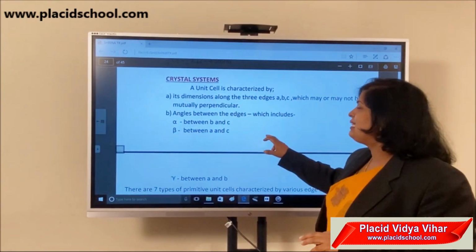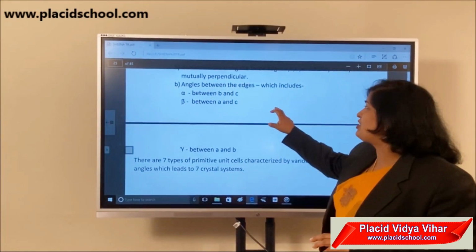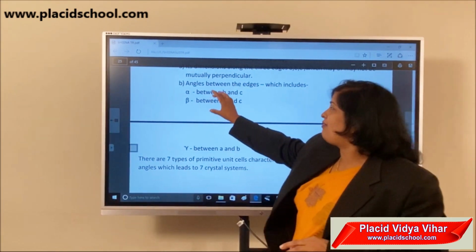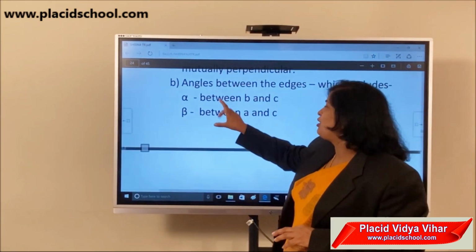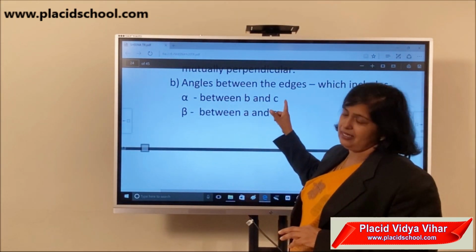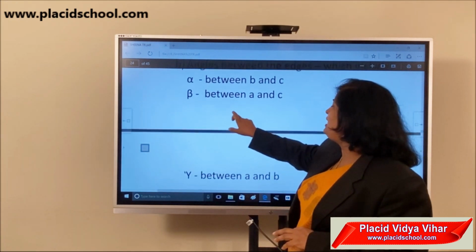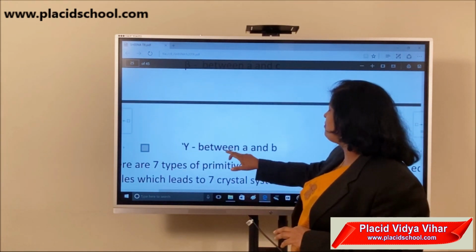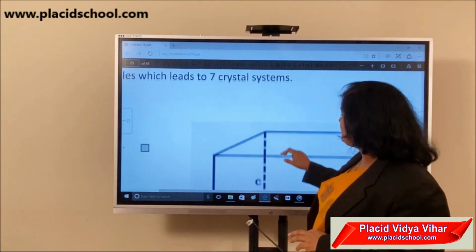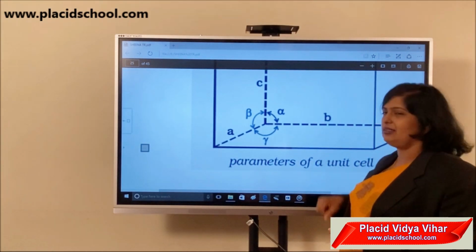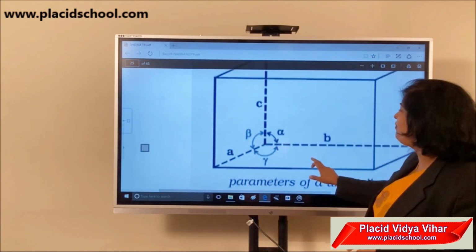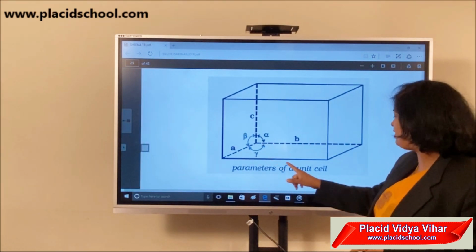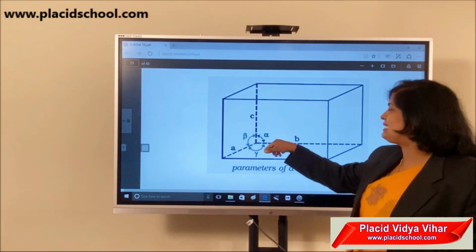Besides, we need the angles between the edges, which include alpha, beta and gamma. Alpha is between B and C, beta between A and C, and gamma between A and B. It is represented well here. This is an example of a unit cell and its dimensions.